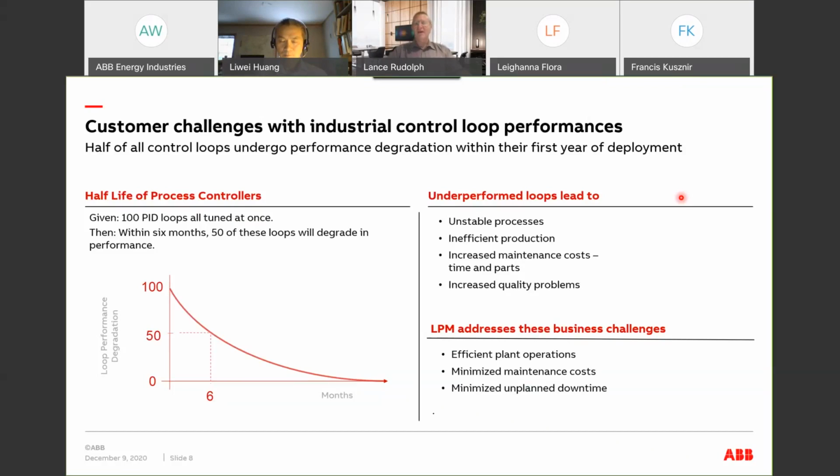So with that in mind, what we're really talking about here is how to help identify and address issues in the PID control layer of your automation systems that result in lost opportunities to make more money.